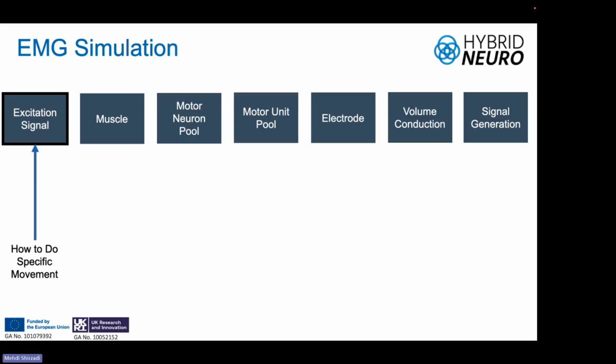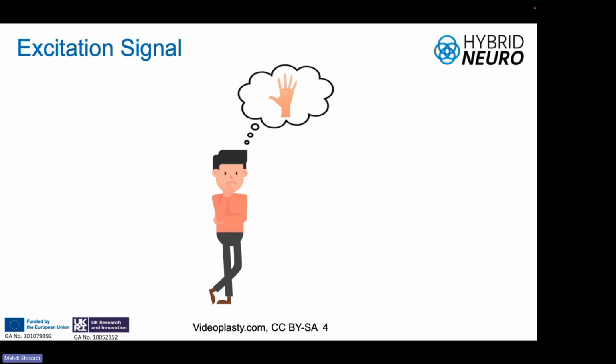So generally for simulation, this is the block diagram that I created. Maybe you can remove some of them or create some more, but I think these are enough and good. In simulation, at the beginning, we need some excitation signal, and this excitation signal is more or less the signal that we want to produce in our mind when we want to do some contraction.